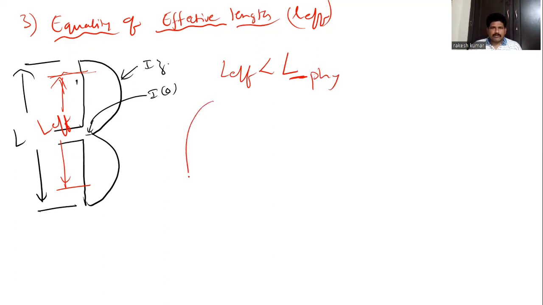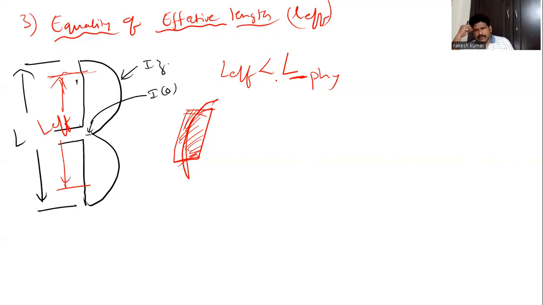Only this portion is effectively used for either transmitting or receiving purposes, so that is called the effective length. Basically, the effective length of an antenna represents the effectiveness of an antenna as a radiator or receptor.